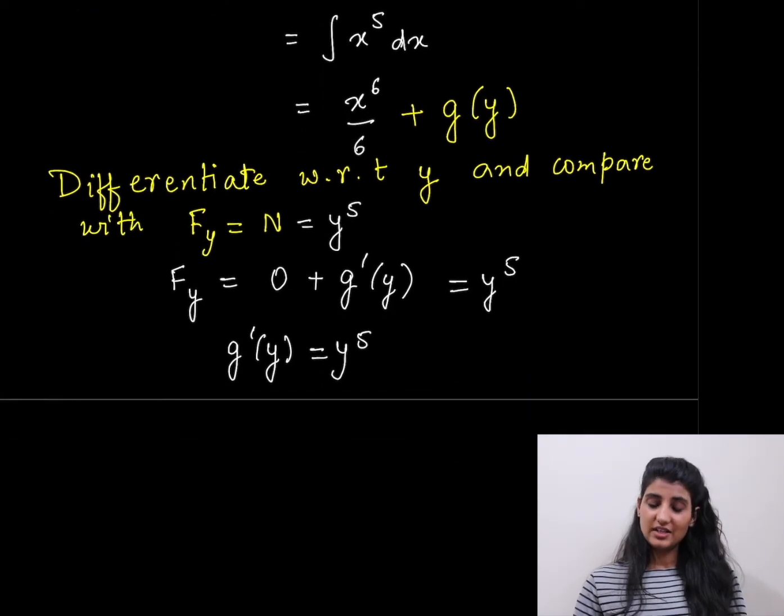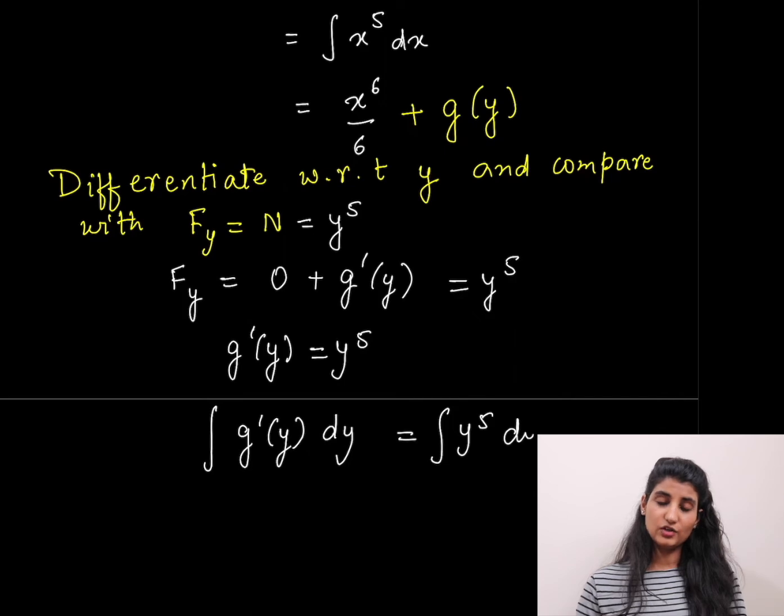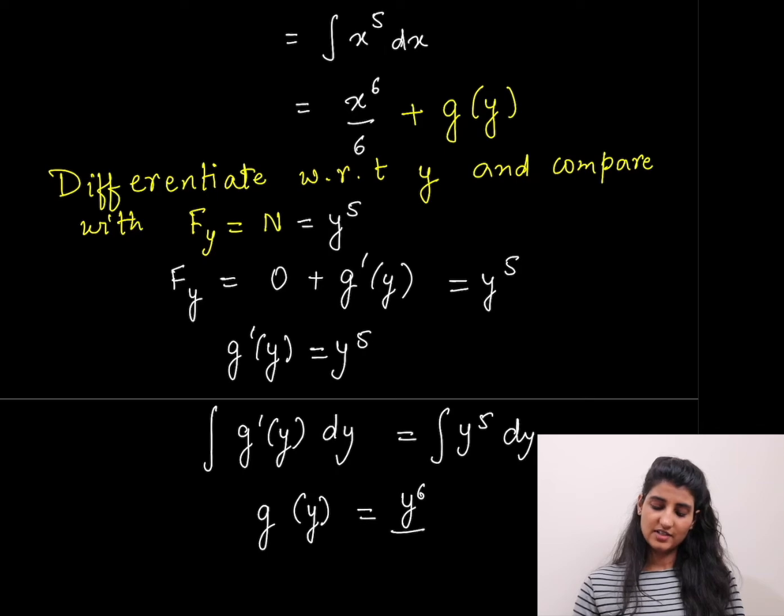You can integrate both sides with respect to y to get the value of g. So g(y) is equal to y power 6 divided by 6 plus a constant of integration.